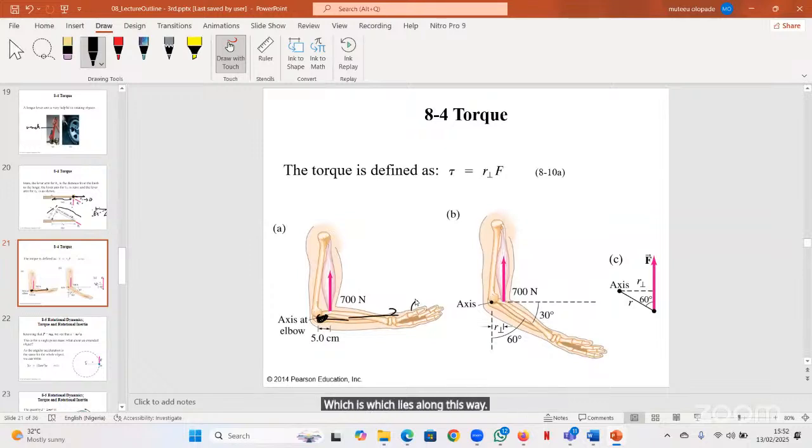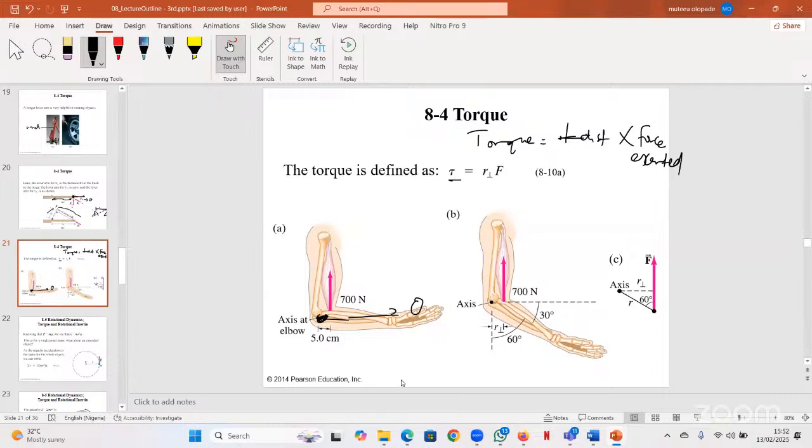So the load is here. So what's the formula for torque? Torque is the perpendicular distance multiplied by the force exerted about that fixed point.